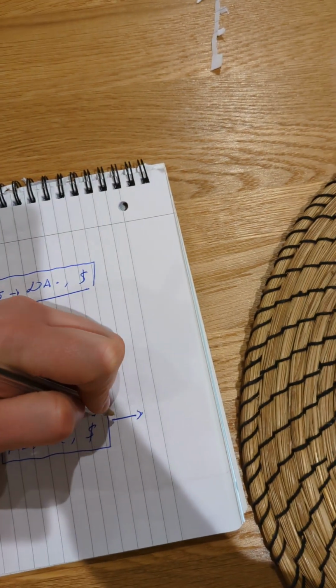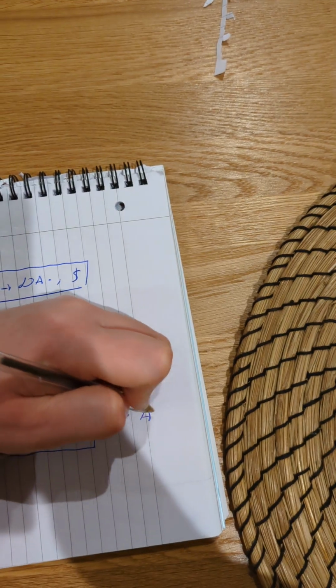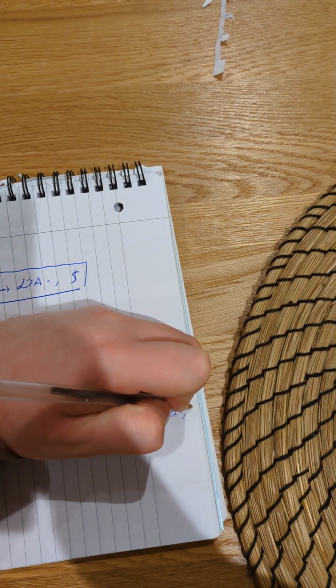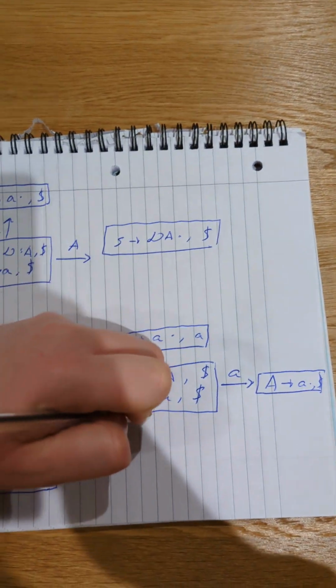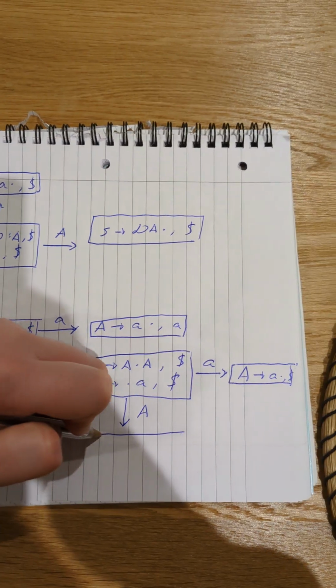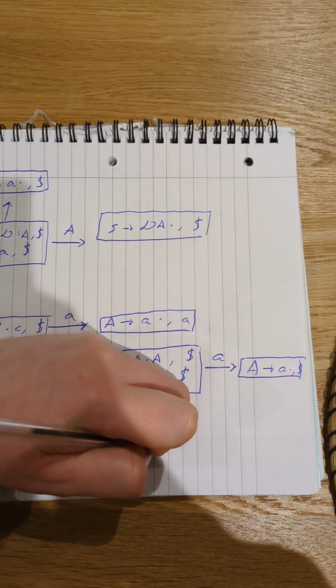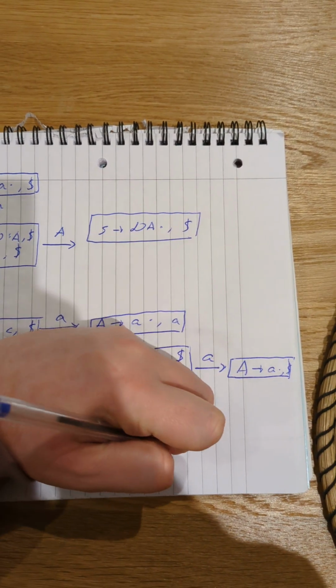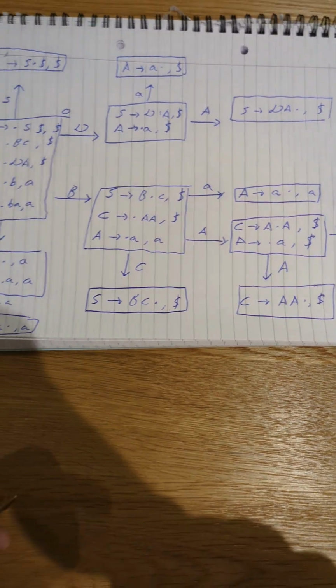If we get a lowercase a, not the non-terminal A, then that gives us A goes to a dot and $. But if we get an uppercase A, which is the non-terminal A, we're going to do C goes to A dot and $. And then we draw a box around that. And then that's it. There's nothing more to expand.